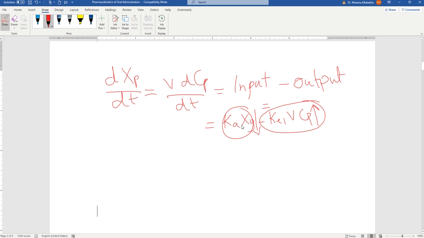This time, when both are the same, is the peak time, which is when the concentration reaches the maximum. At that time the concentration reached the maximum.